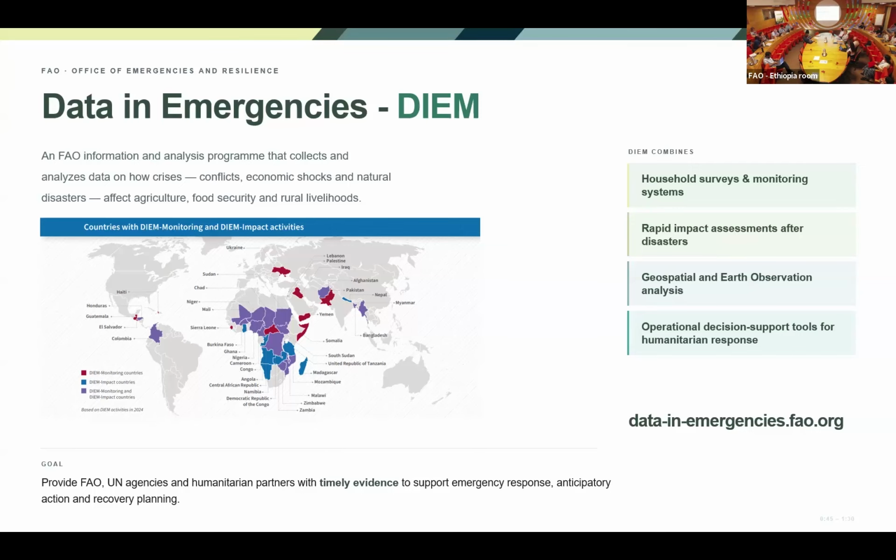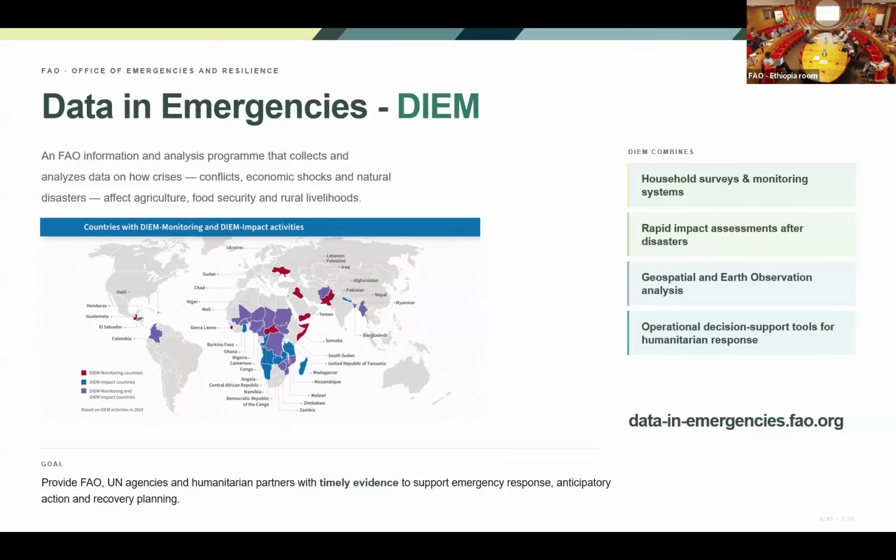Our ultimate goal is really to provide FAO and all our partners with timely evidence to support decision-making in emergency response, but not only, also anticipatory action and recovery planning. We have an open geospatial hub, dataenemergencies.fao.org, where we publish all our data sets, let's say publicly for the common good, and also our findings and reports.